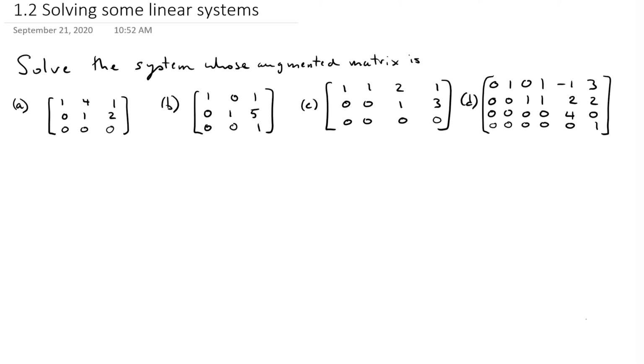In this section, we learn how to solve linear systems using a systematic method, essentially some sort of recipe that will give us the solution to any linear system very easily once we know how to apply the steps of that recipe.